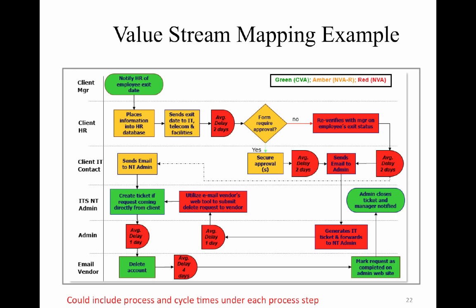Otherwise, this is a pretty good value stream map. You have the 6 different activity types, I guess you'd say. You have the client manager and what that person needs to do, the client HR and what that person needs to do, and so on and so forth.